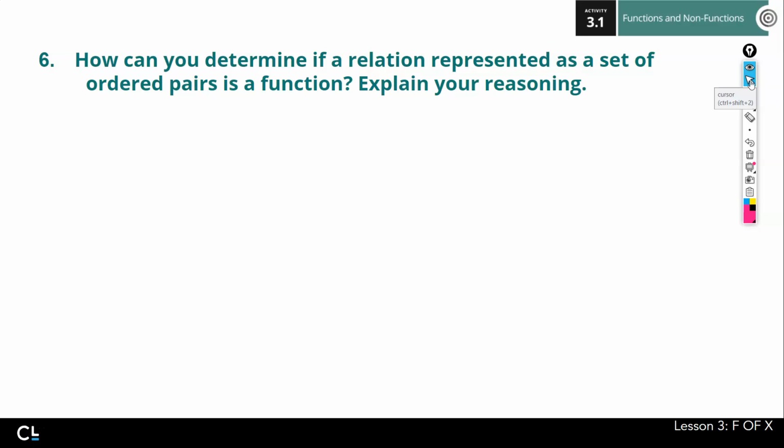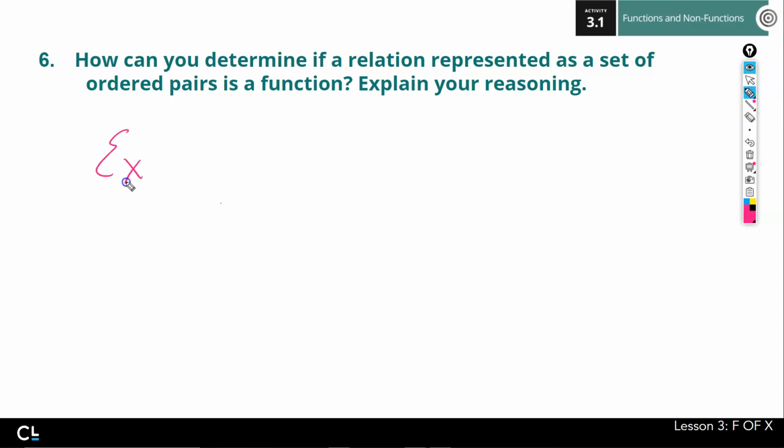Number 6, how can you determine if a relation represented as a set of ordered pairs is a function? Explain your reasoning. A set of ordered pairs represents a function when each x value maps to exactly 1 y.